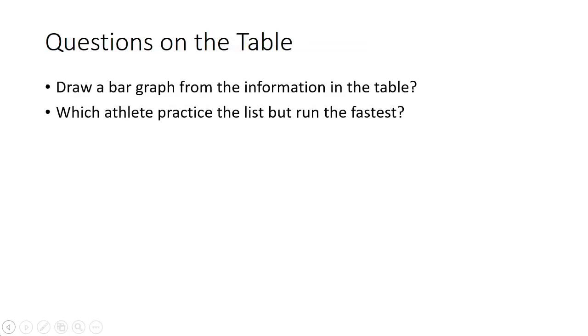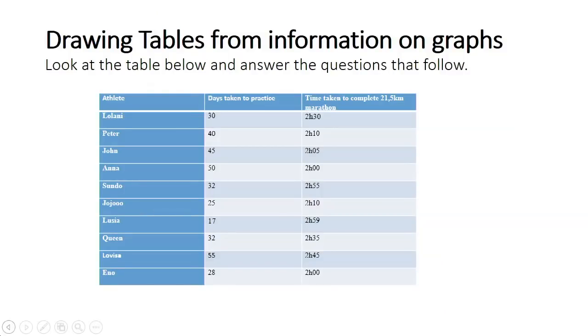Which athlete practiced the least but ran the fastest? In the rows you will see that some of the athletes were practicing for 30 days, some 40 days, some 50 days, but then you have to look at how much time they took to complete the marathon in the last column.